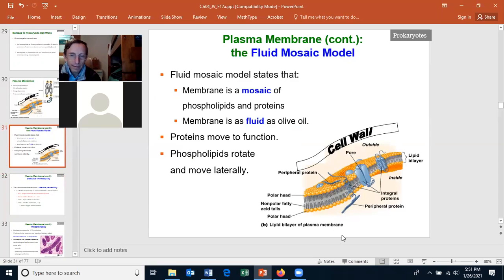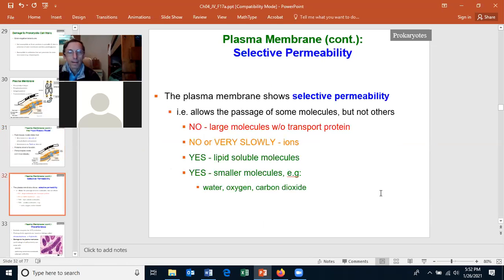Ions cannot cross the plasma membrane. Did I say that right? Ions cannot cross the plasma membrane. An ion is a molecule with a charge, and it does not like moving through this fatty acid region in a bilayer. So if ions cross the membrane, they do so only very slowly.